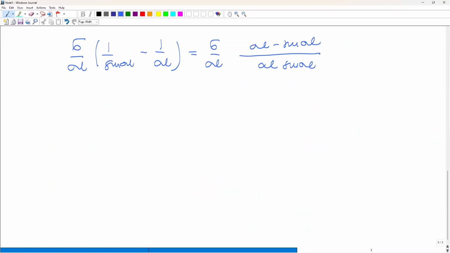I've just simplified that. So what we have to do is to calculate the limit when alpha L goes to 0. In this case, you have 0 minus 0 divided by 0, which is still an indeterminate form. How do you approach it?